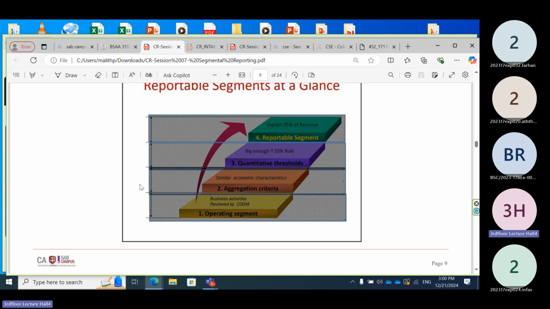How can we aggregate this? And then quantitative threshold, and then reportable segment. We have a set of operating segments. Here we are planning to do aggregation criteria. Based on the criteria, we are going to aggregate that.